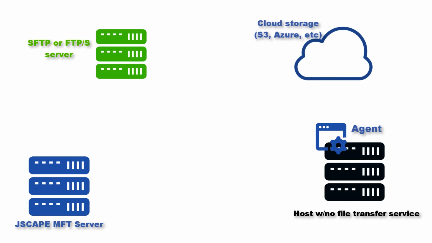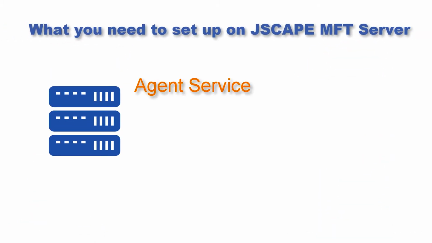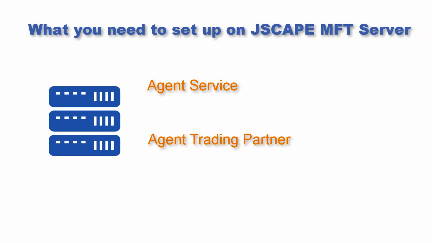But in this video, we're going to walk you through the first steps needed to take advantage of that particular feature. We're going to teach you how to set up an agent service and an agent trading partner.